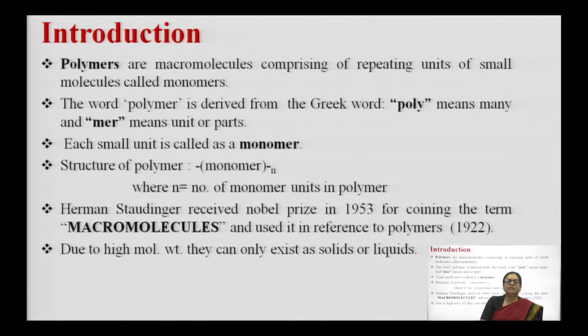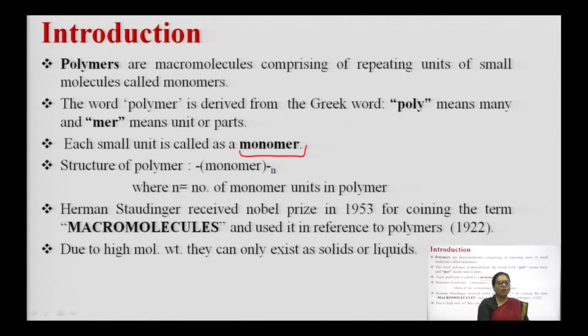Polymers are basically macromolecules comprising repeating units of small molecules that are called monomers. The term is derived from a Greek term, poly meaning many and mer meaning units or parts. Each small unit making up the polymer is called a monomer.